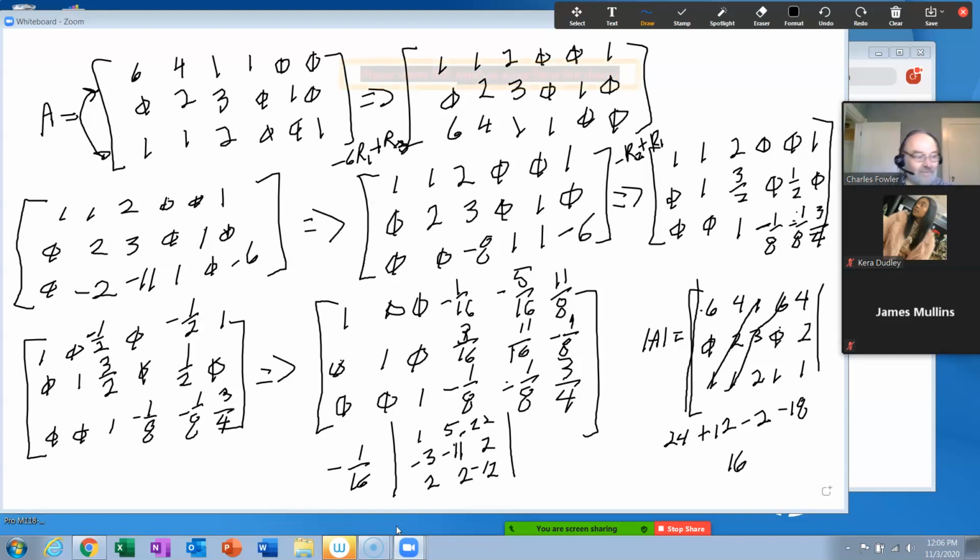Now remembering our last theorem: if A is a square matrix of order n and C is a scalar, then the determinant of CA is C to the n times the determinant of A. It's a 3 by 3, so it's going to be -1/16 to the third power, which would be a negative 1/16 times 16 times 16.